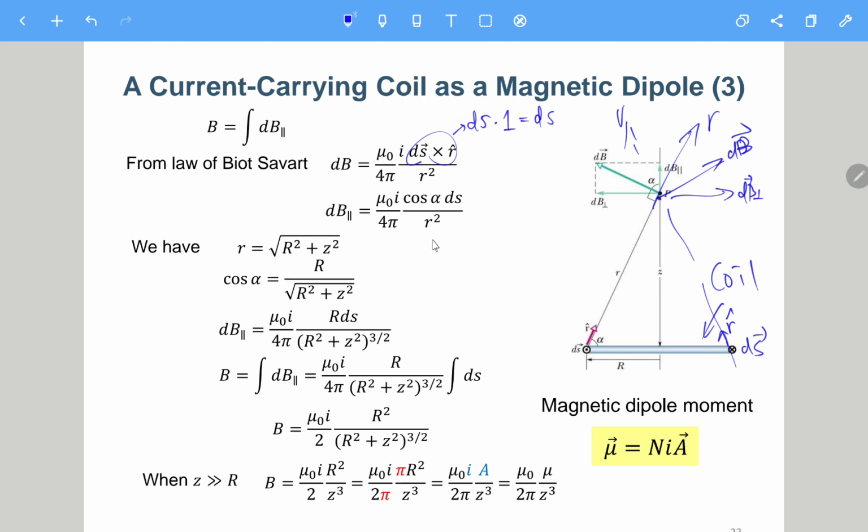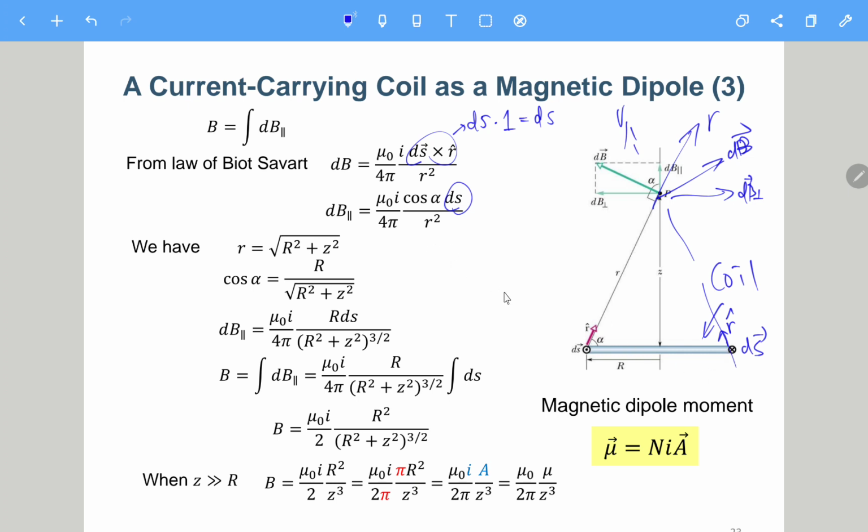Also we need to do some substitution, because we will integrate over ds from 0 to 2 pi R. This is the integration variable, so we need to express all the other variables in terms of that.